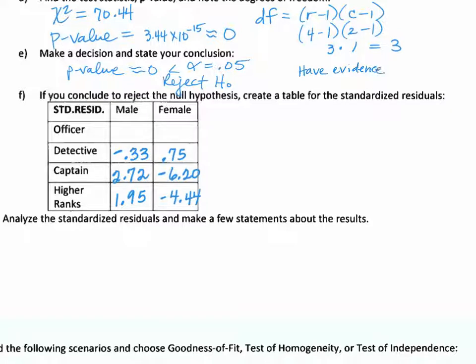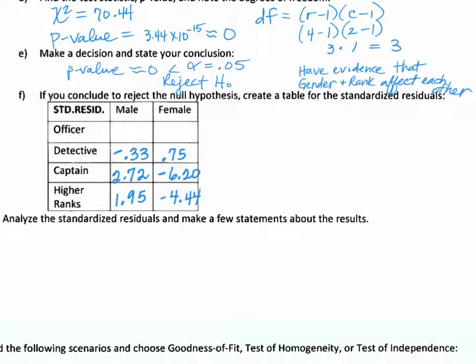Yeah, we have evidence of the HA. So essentially, gender and rank affect each other. In our minds, that's kind of what we are saying, is that gender is definitely affecting the rank that is attained.